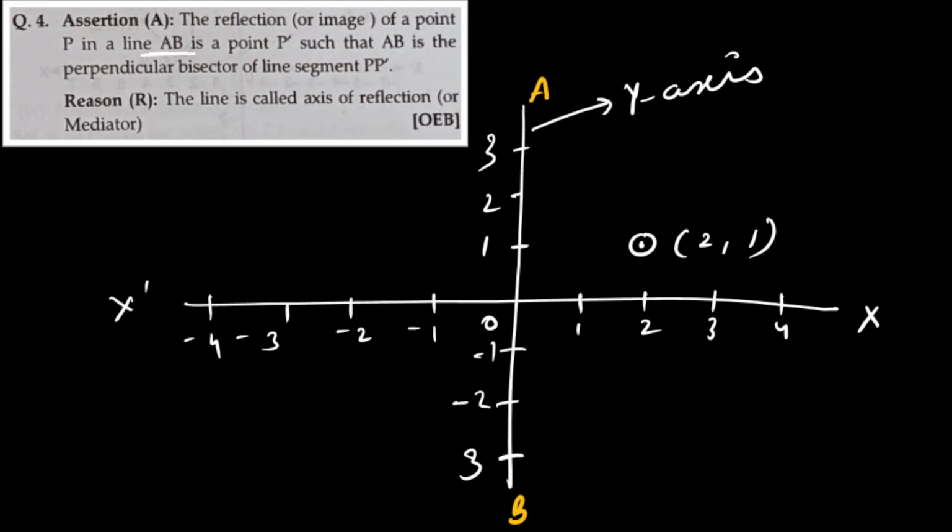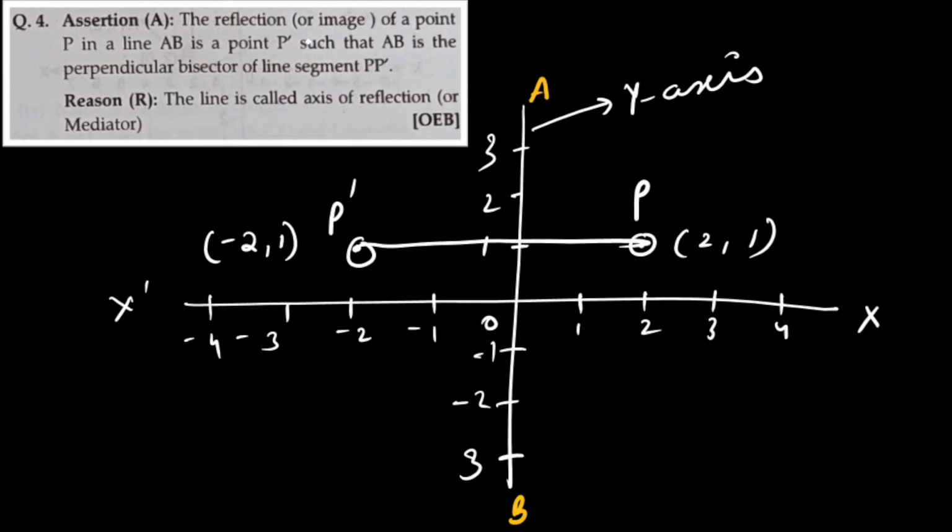So if we do its reflection in the line AB, what will happen? This is point B. So y-axis reflection means y will remain the same and x will change. This is P dash. Y is 1 and x will change to minus 1. So the sign of x will change. Now if we join the line P, P dash, what are they telling?